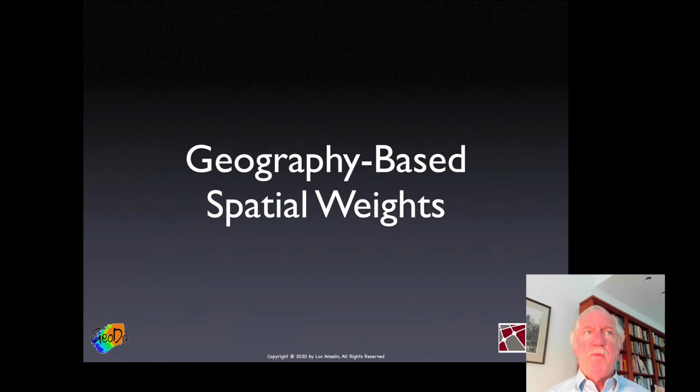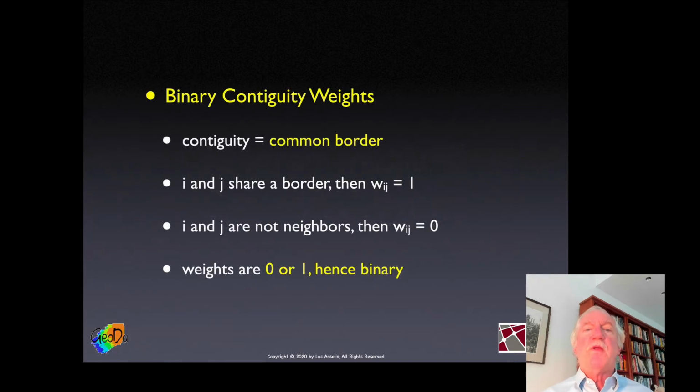So as I mentioned in the previous set of slides, we have attribute similarity, spatial similarity. We combine the two. The spatial similarity, the easiest way to think about this is based on geography, but it doesn't have to be. As I mentioned before, it could be based on social networks, for example. Geography is easy, and there's basically two broad classes of spatial weights that are based on geography.